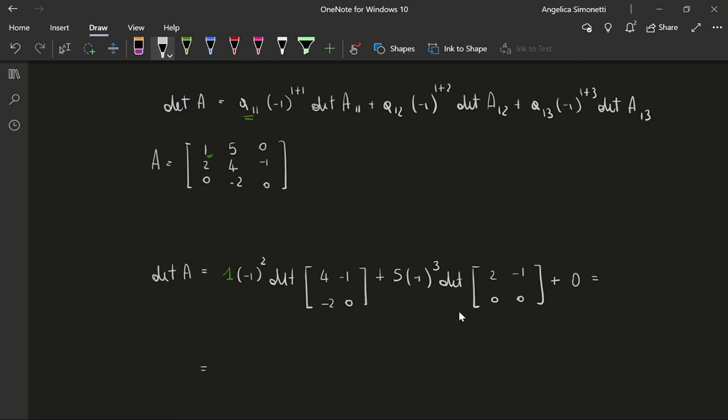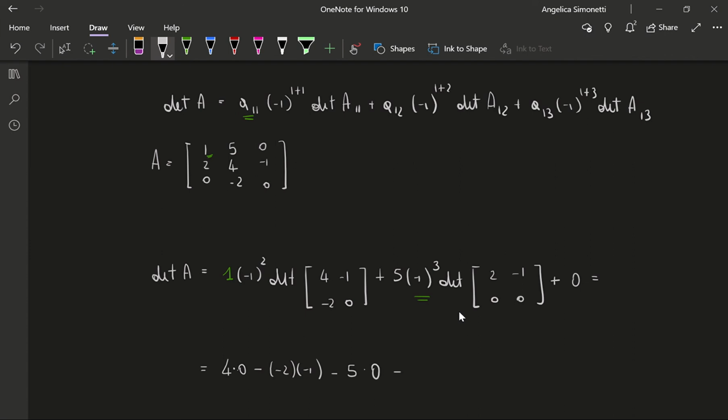So this is going to be 4 times 0, and then you have minus minus 2 times minus 1. And then minus 1 to the power of 3 over here gives us a minus. So this is minus 5. And then again, we need to compute the determinant, but this determinant will give you 0.